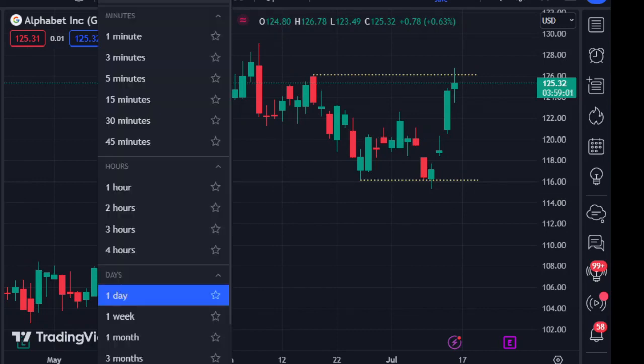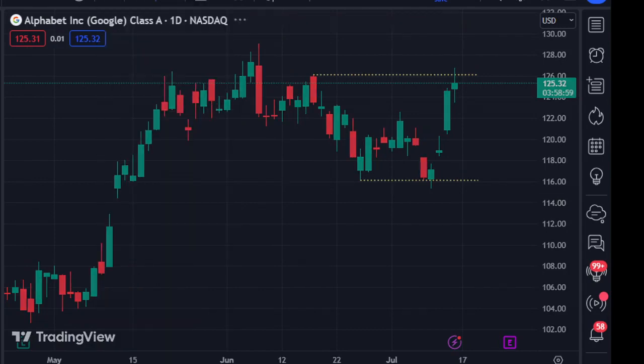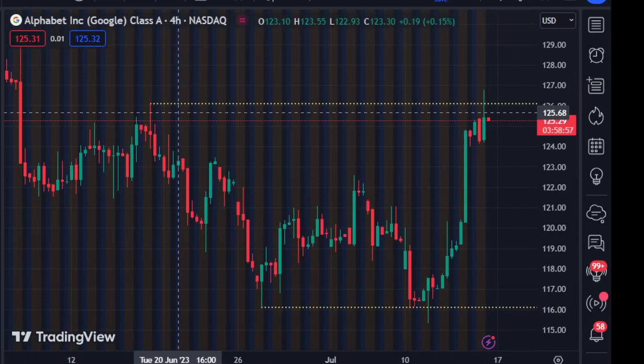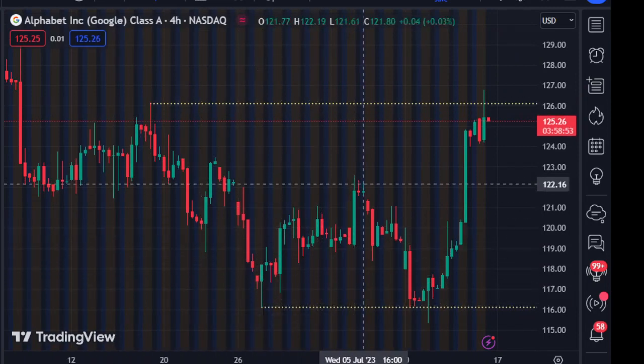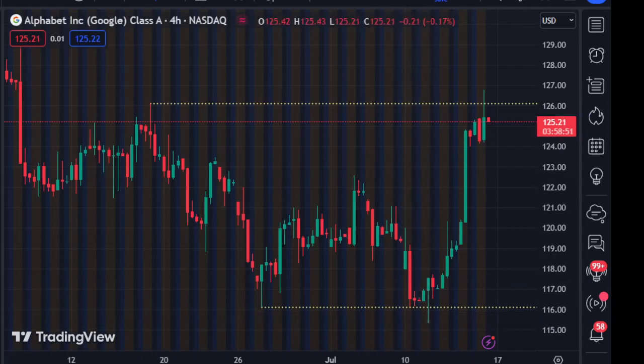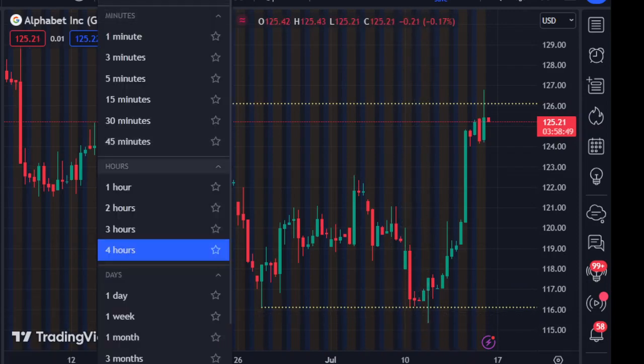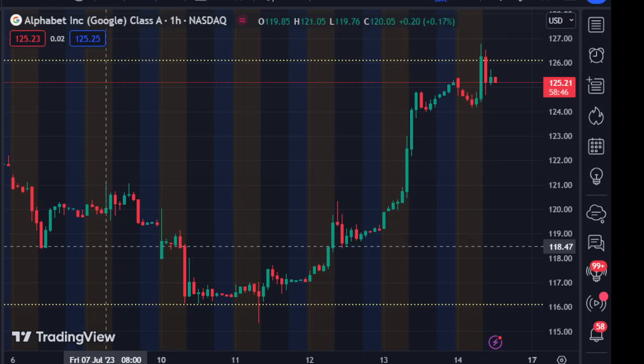Go down to a 4 hour chart. See, that's my liquidity. Here when it came down, again all the way it took the sell side. Go again to the hourly chart.